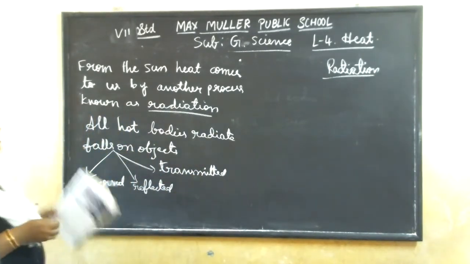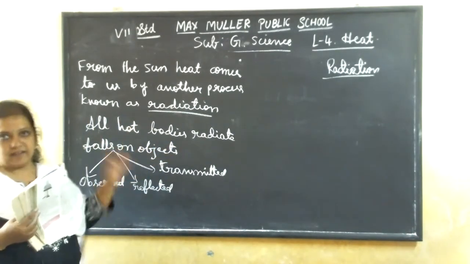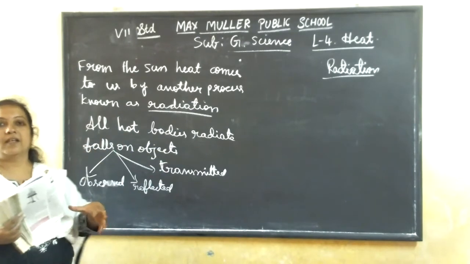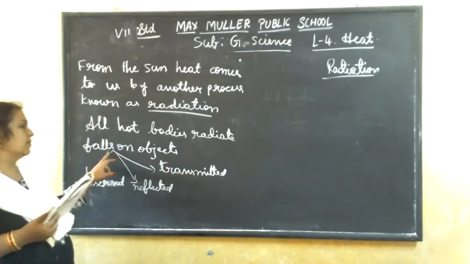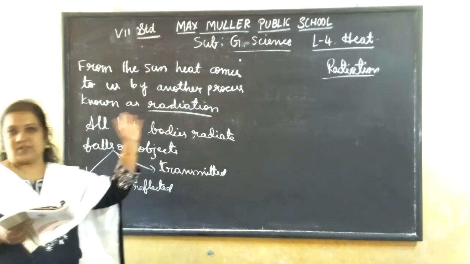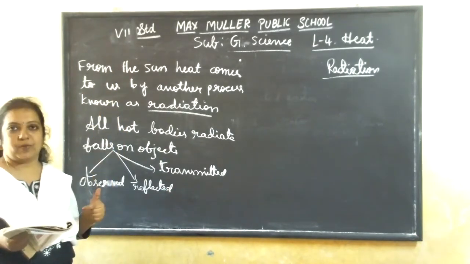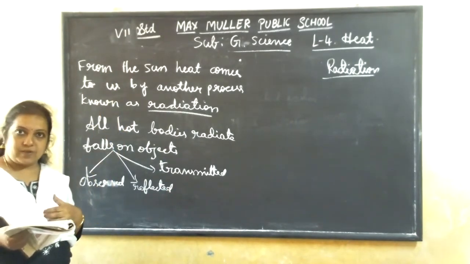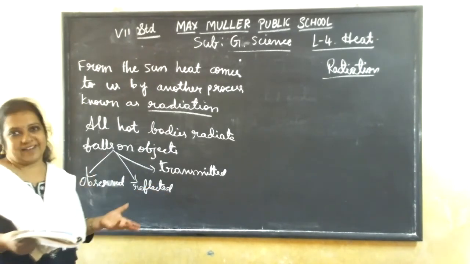Understand? See, all the hotter objects are radiating the heat. When they are radiating the heat, some of the heat will be absorbed, some of the heat will be reflected, some of the heat will be transmitted. Okay, when sun rays are falling on our body, a little bit will be absorbed, a little bit will be transmitted, a little bit will be reflected.